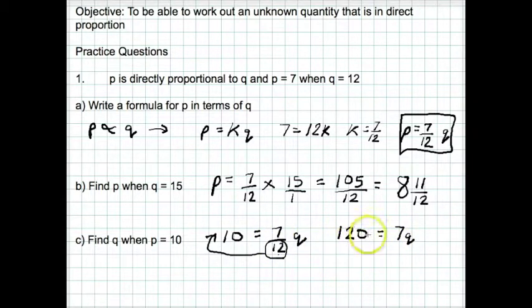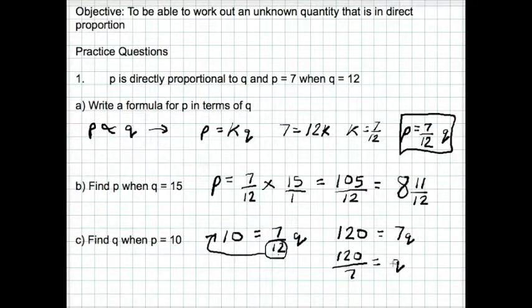So now to finish this off, I've got to divide by 7. I'll move the 7 over to this side and divide by 7 on both sides. So I'm left with 120 over 7 equals Q. Okay, I've got this as an improper fraction.